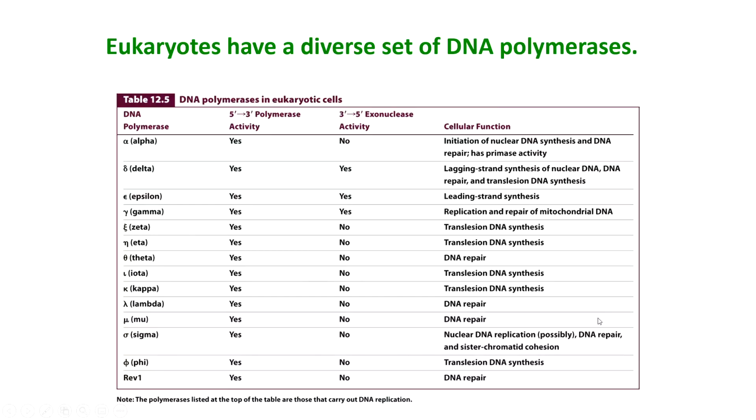Elongation proceeds in a slightly different way, only in the fact that there are so many DNA polymerases that can elongate DNA in a eukaryote. Many of them are involved in DNA repair. And so DNA synthesis is related to DNA repair. So all of this is our DNA repair polymerases.